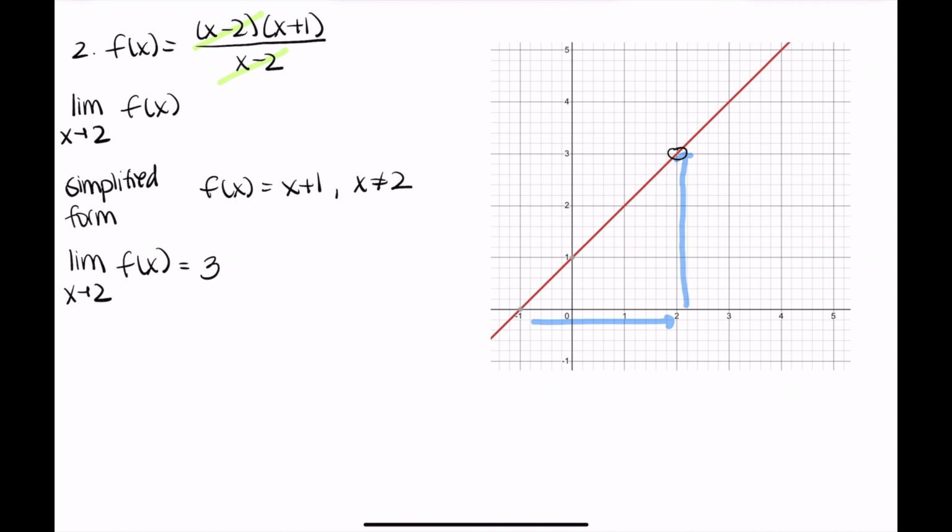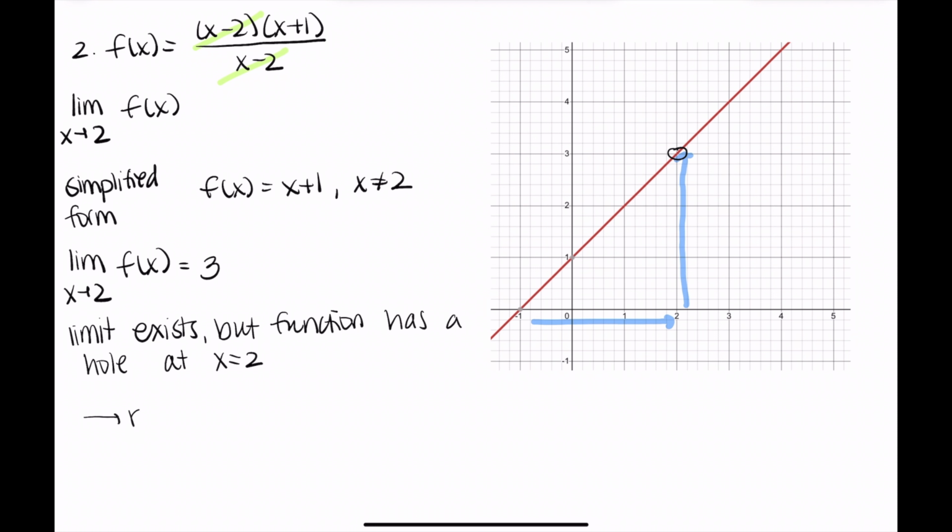So the limit as x approaches 2 of f of x would just be 3. However, there is a hole at x equals 2. So what we will do here is we would just say that the limit as x approaches 2 of f of x, the limit exists. However, there is a hole. And what type of discontinuity was that? That would be a removable discontinuity.